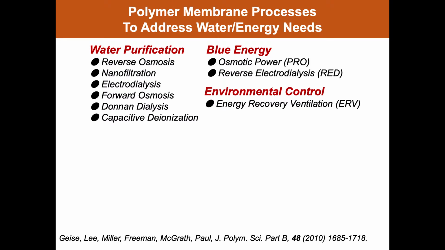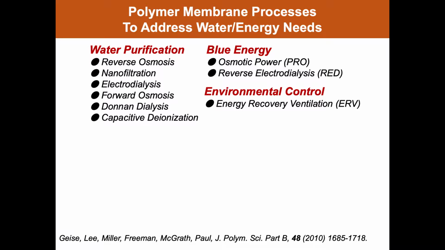So there's a number of ways that polymer membranes are used to address water and energy needs. Some of them are well developed now: reverse osmosis, and nanofiltration, which is a cousin to reverse osmosis. We've talked a little bit about electrodialysis already, and other techniques that are up and coming.